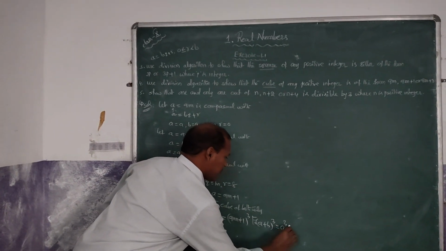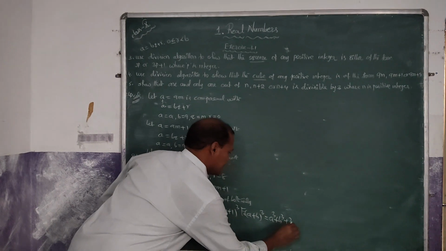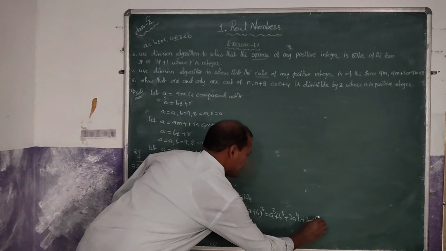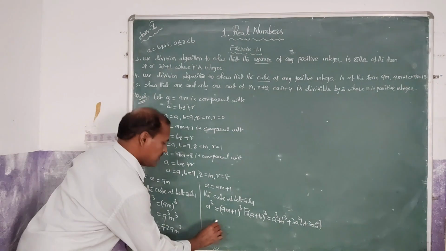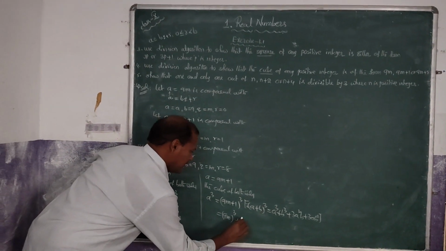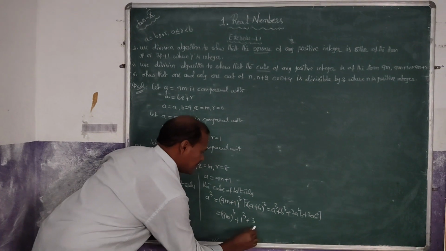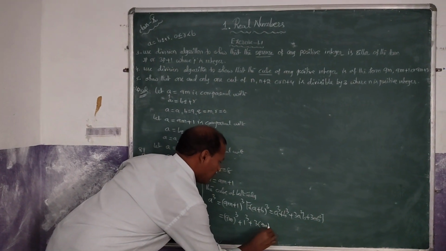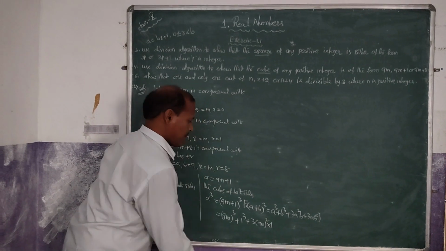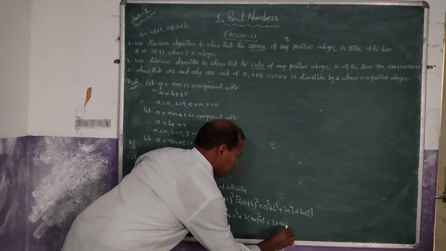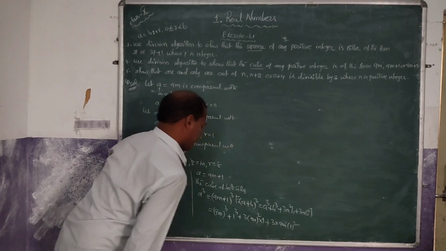a cube plus b cube plus 3a square b plus 3a b square. Now substitute as usual: 9m whole cube plus 1 cube plus 3 into (9m) whole square into 1 plus 3 into 9m into 1 square.